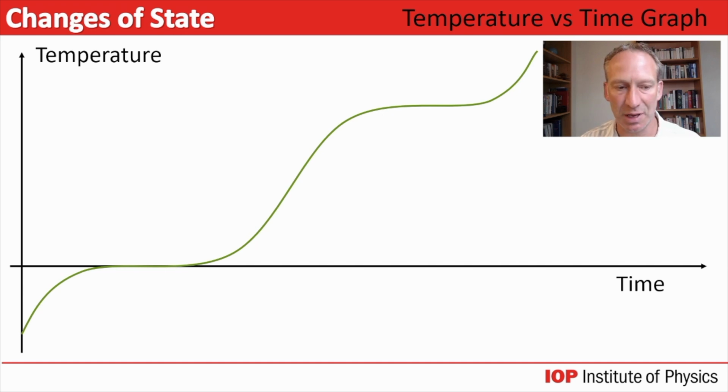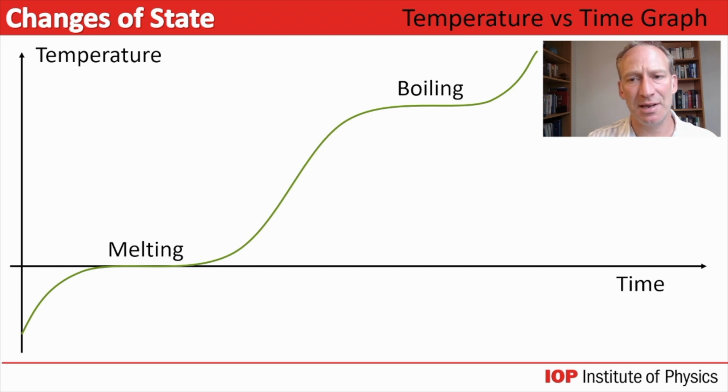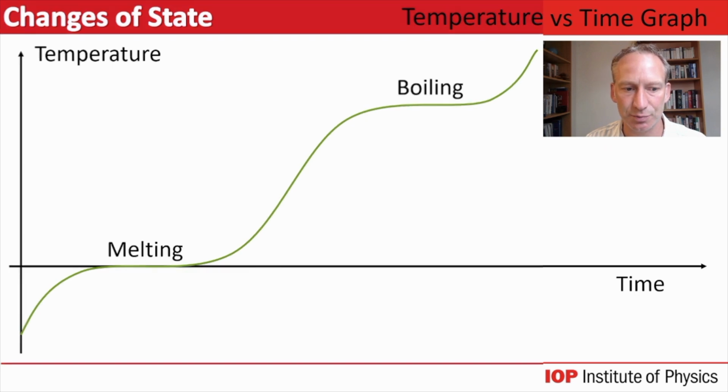I'm going to consider this to be ice, with the axis being 0 degrees C. As we move along the x-axis, that's where the ice will melt at 0 degrees C, and that will go all the way up until it boils at 100 degrees C. And then I've extended the graph up, where it's possible to make the gas hotter than 100 degrees C. It'll need to be pressurized in some way, but let's just consider where the specific heat capacity and the latent heat fit into this graph.